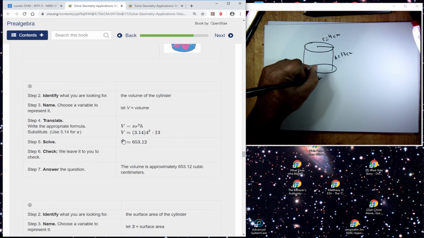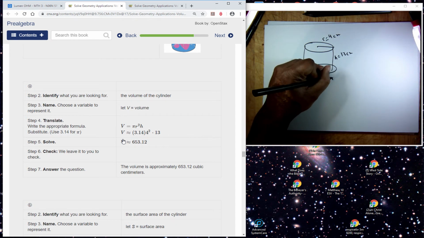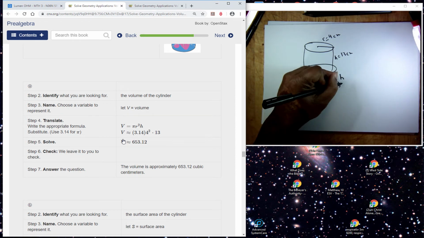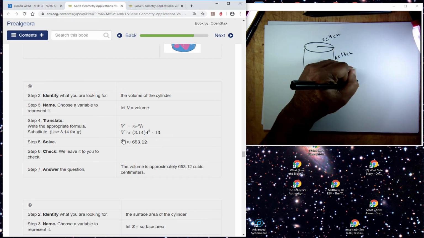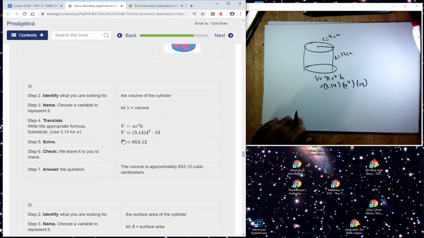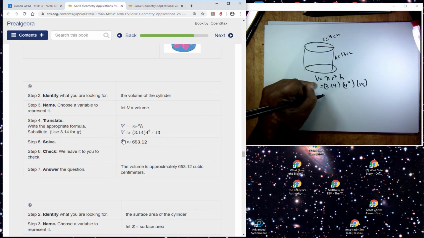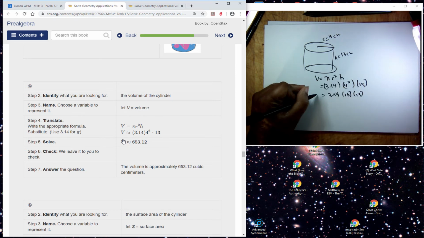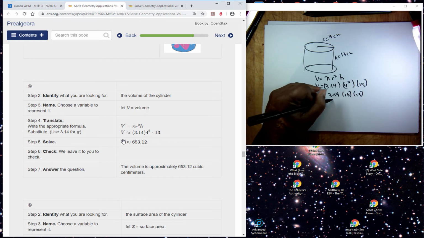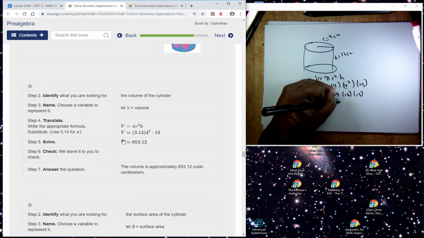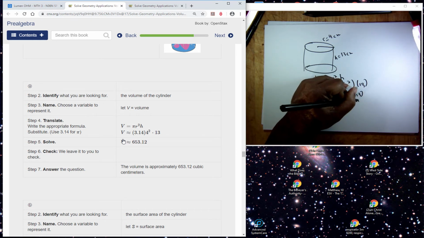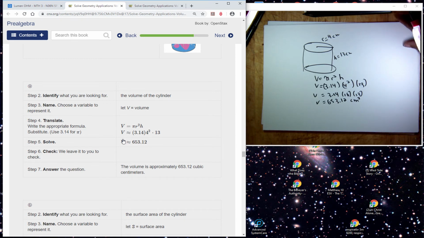So the volume is going to be pi r squared h, so 3.14 times r squared, which is 4 squared, times the height, which is 13. So I have 3.14 times 16 times 13, which is 653.12. In this case, the units are centimeters, so I would have centimeters cubed for my final answer.